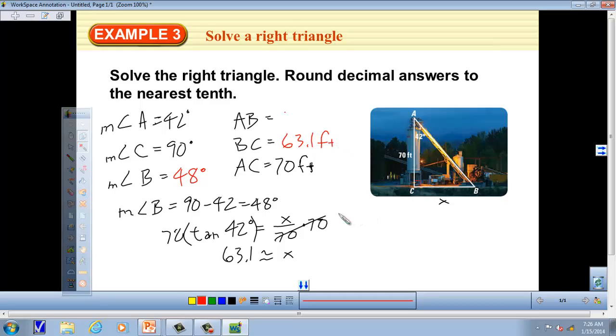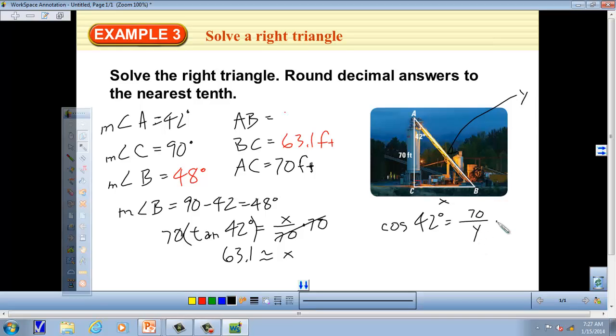And now we can use, actually, you know what I'm going to use instead? Because I don't like working with decimals. Since this is adjacent to 42 degrees and that's the hypotenuse, I'm going to use cosine. I would suggest as little as possible to use numbers that are rounded. So cosine of 42 degrees is equal to 70 over y, we'll call this side y.